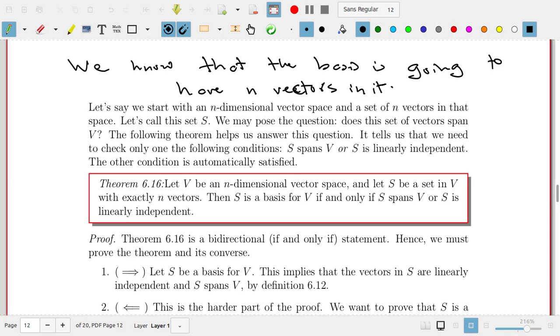So now the question is, if I give you any n vectors from that vector space, how do you verify if those n vectors form a basis?